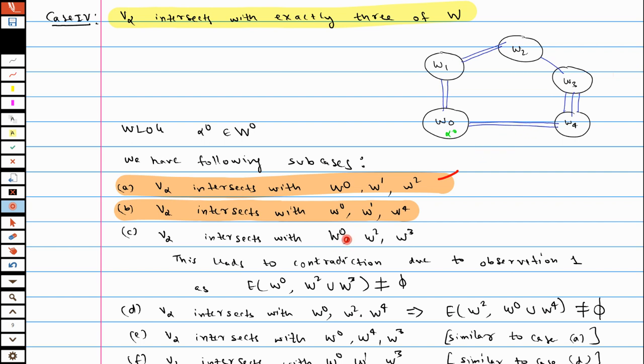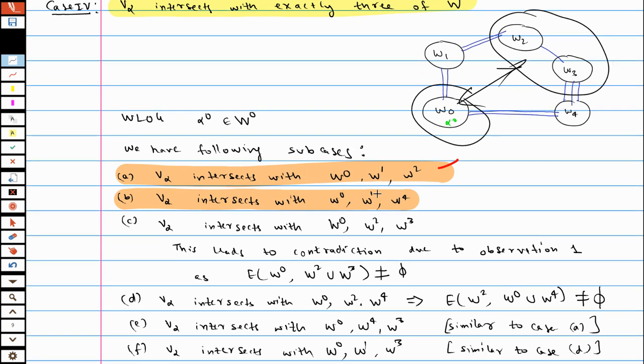Let's say the other case is W0, W2, and W3. This is not possible, because we'll have a partition of V alpha into the parts in W2, W3, and W0, so there will be an edge between W0 and W2.